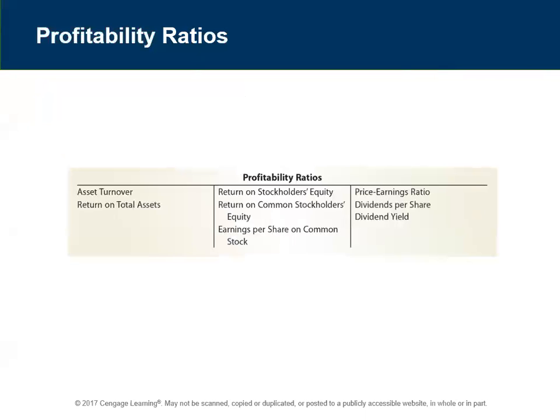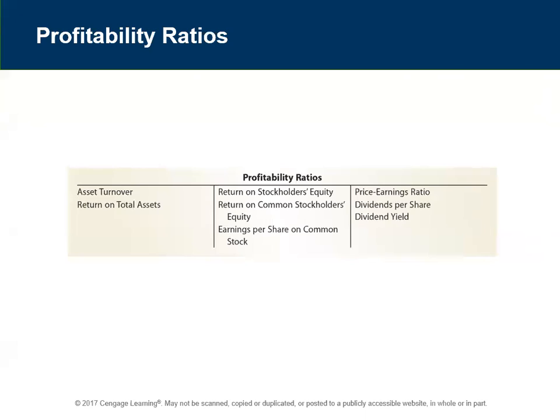We won't look at all of those, but we'll look at return on stockholders' equity and common stockholders' equity. That's just, are we actually generating income from those investments? What are we doing with the proceeds from that common stock? Are we investing it in assets that help us generate income, or are we spending it on useless toys, which hopefully we wouldn't do in a business, right? But what are we doing and how is it helping us?